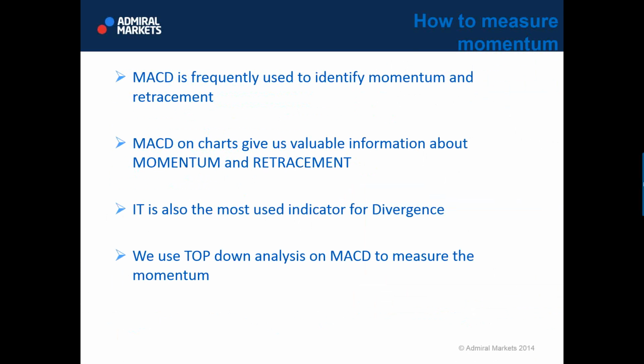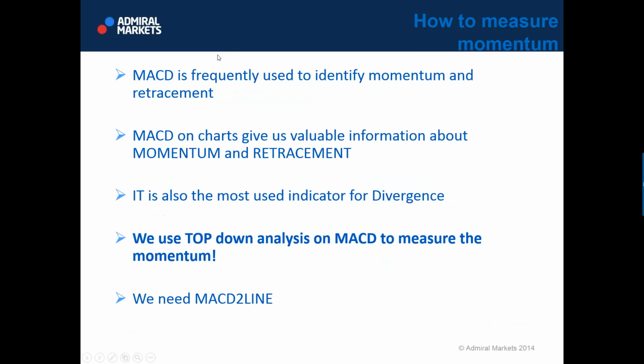We will talk about how to spot momentum within the trend context by using the MACD indicator. MACD is frequently used to identify momentum. It's one of the most popular momentum indicators. Because it can identify momentum, it can also identify retracement. MACD on charts can give us valuable information about momentum and retracement.